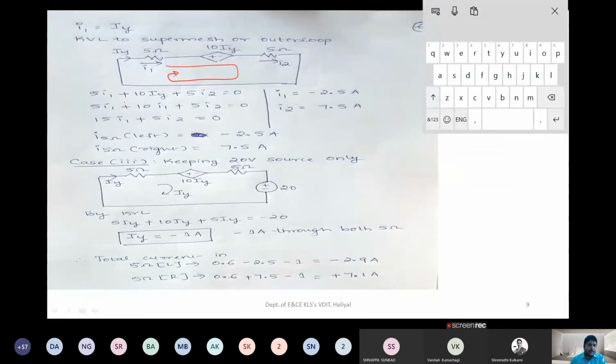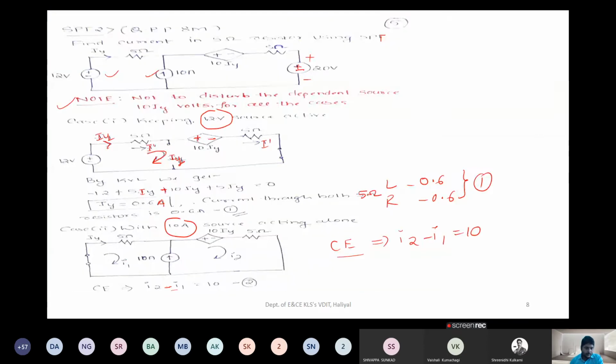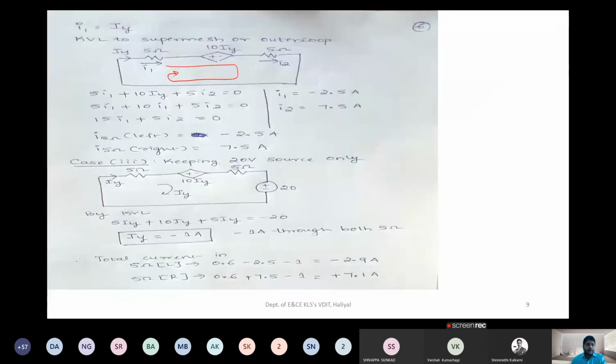Applying KVL to the entire super mesh, considering the currents I1, I2 and Iy, you get 5 times I1. Why I1? Because in this loop we have assumed the current as I1, and here we have assumed the current as I2. So you get 5 I1 plus 10 Iy, this dependent source value, plus 5 I2.